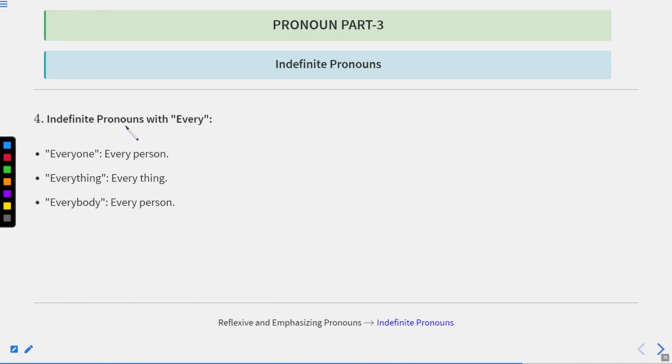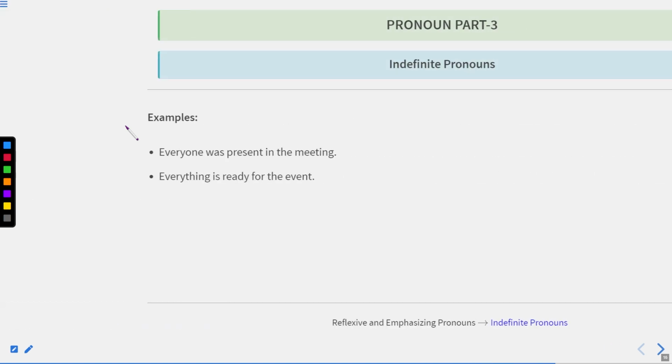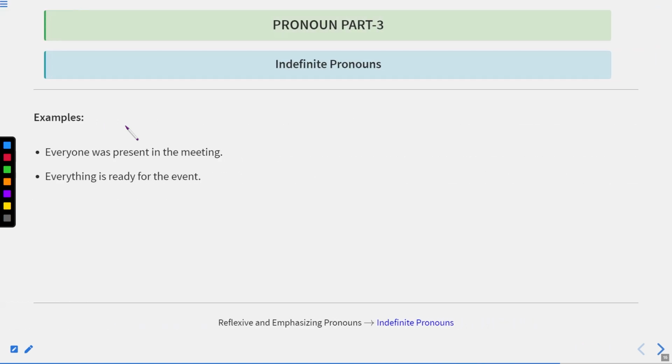Indefinite pronouns with every: everyone, every person, everything, everybody. Everyone was present in the meeting, everything is ready for the event. Now whenever we begin a sentence with everyone, we use the possessive case his. But for everything we use its.